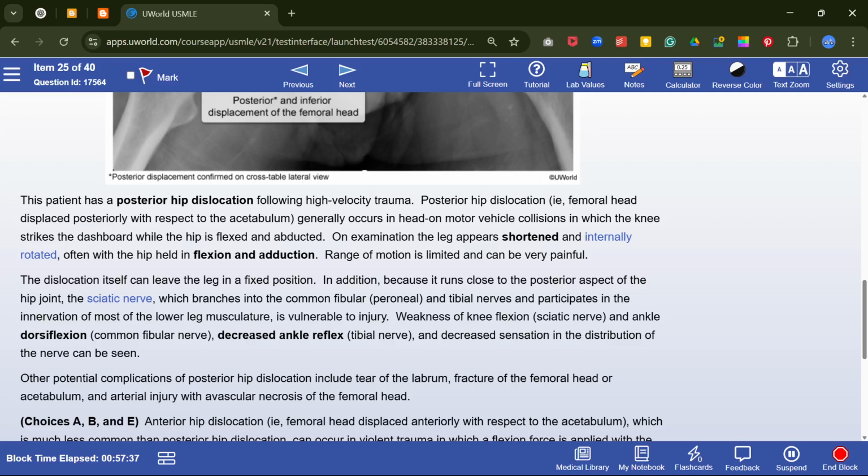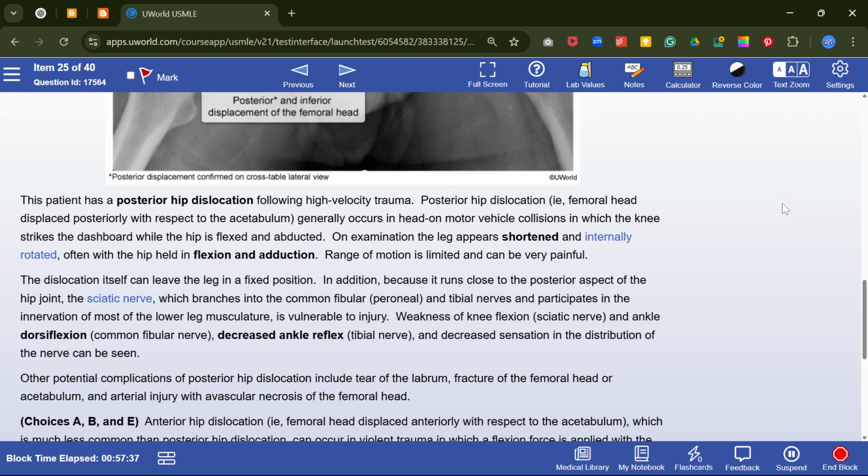In addition, the sciatic nerve runs close to the posterior aspect of the hip joint. The sciatic nerve, which branches into the common fibular and tibial nerves, participates in the innervation of most of the lower leg musculature and is vulnerable to injury.